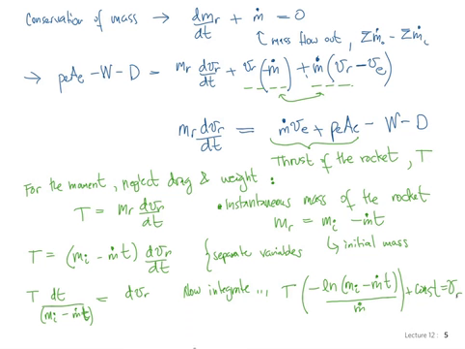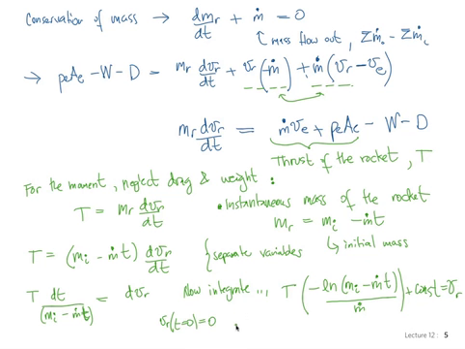To get that constant, we apply some initial condition. In this case, it's logical to use that the velocity of the rocket is 0 at time equals 0. And we get our constant. Velocity of the rocket at time equals 0 is equal to 0.